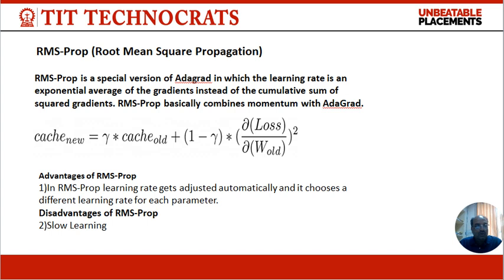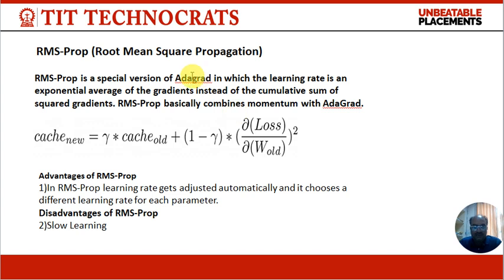So the second one, RMSProp. RMSProp is a special version of AdaGrad in which the learning rate is an exponential average. So for the exponential average we use lambda. Lambda is a constant value.